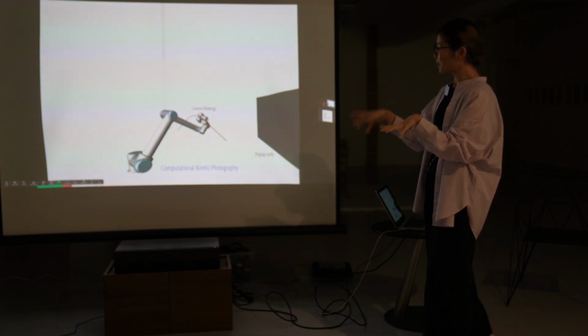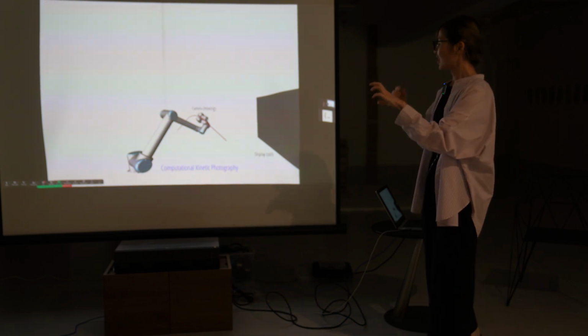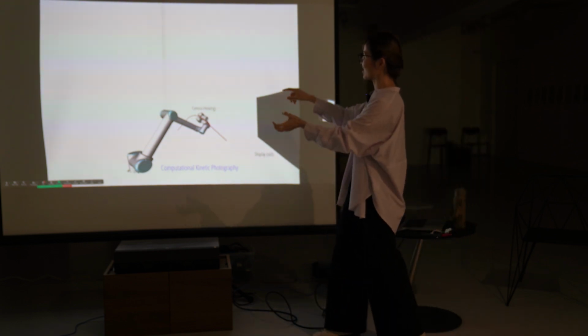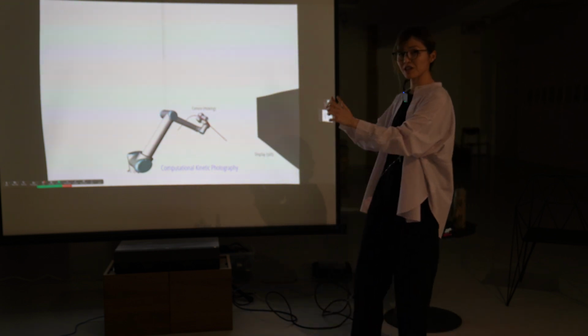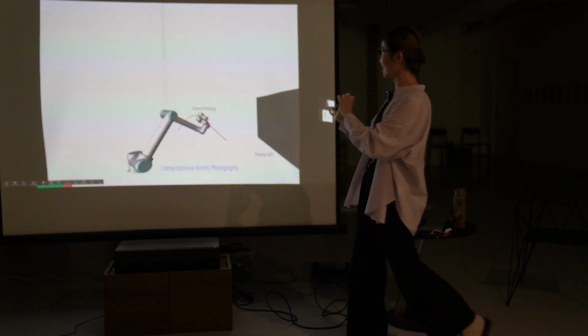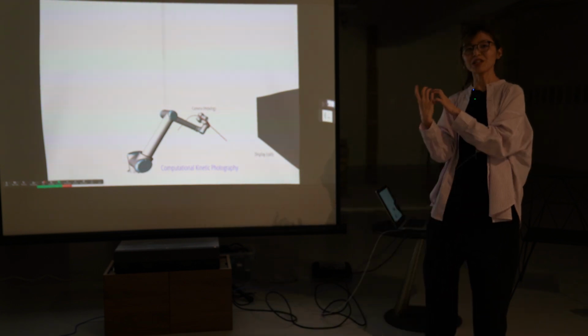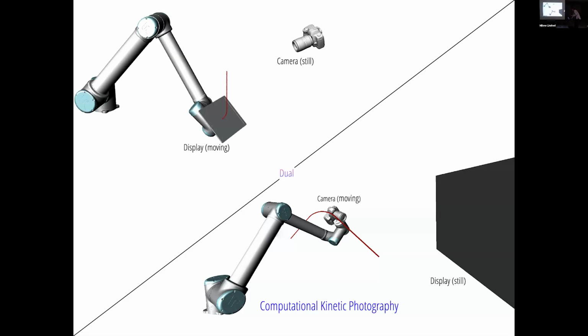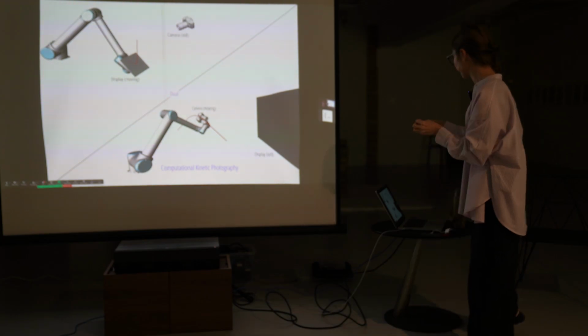But in a computational approach, because I can again get the relative position and orientation of the camera and the display, I can actually produce the same effect. In reality, these two configurations are dual to each other mathematically.